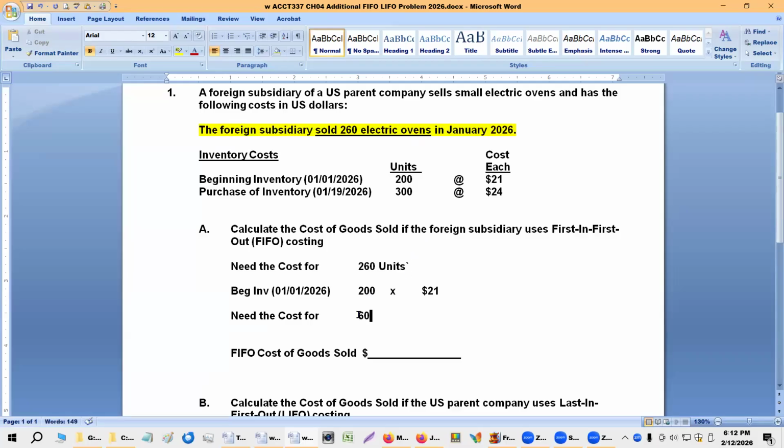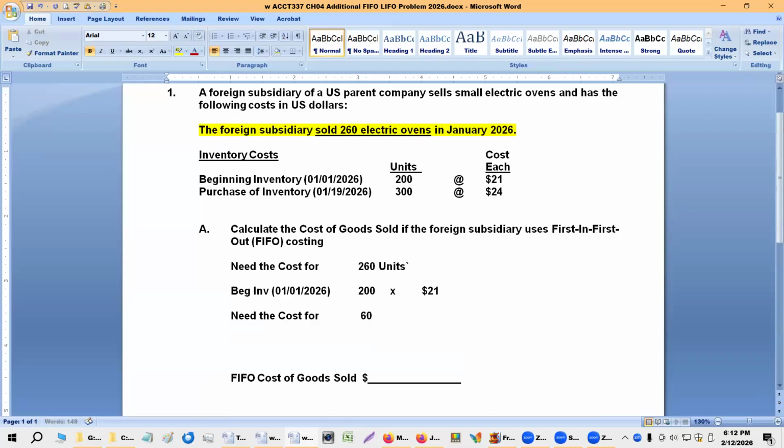And there's only one place we can get those, and that is the purchase.